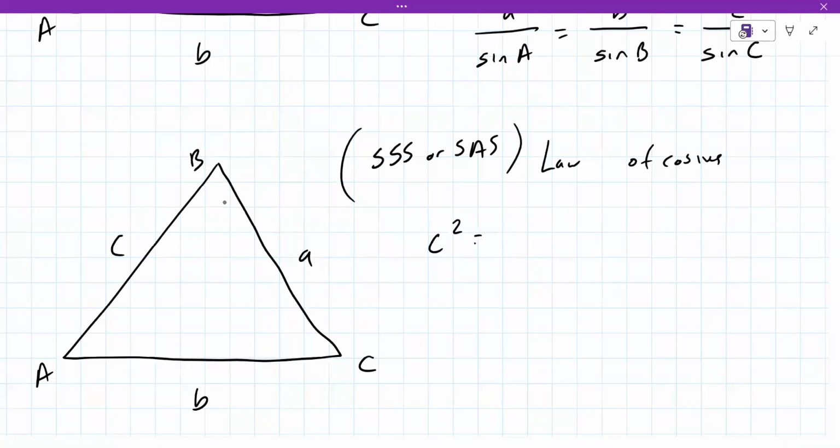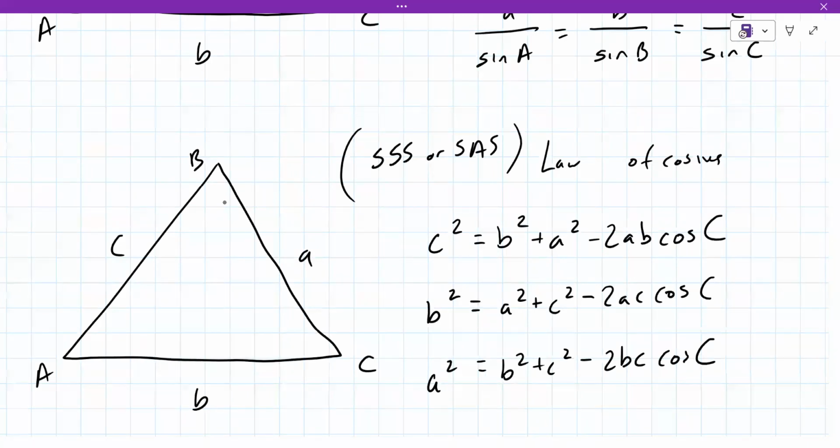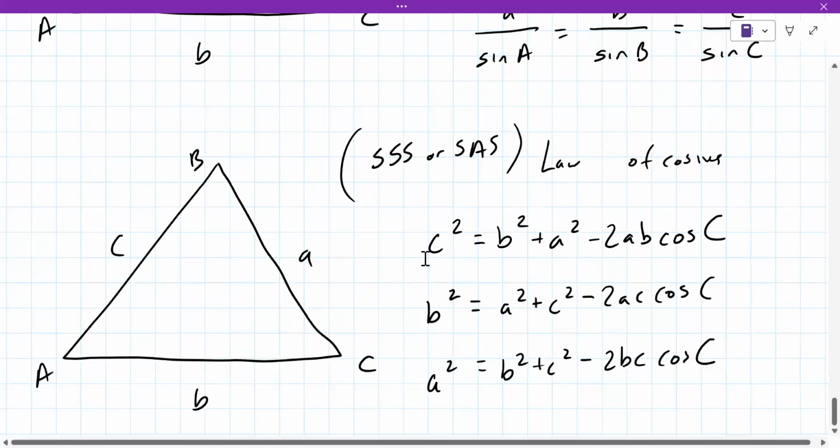This comes in three flavors, but they're all really the same. But I'll write them all here for you if you would like. And those all mean the same thing. Well, they're all for solving something different, but they're all the same.